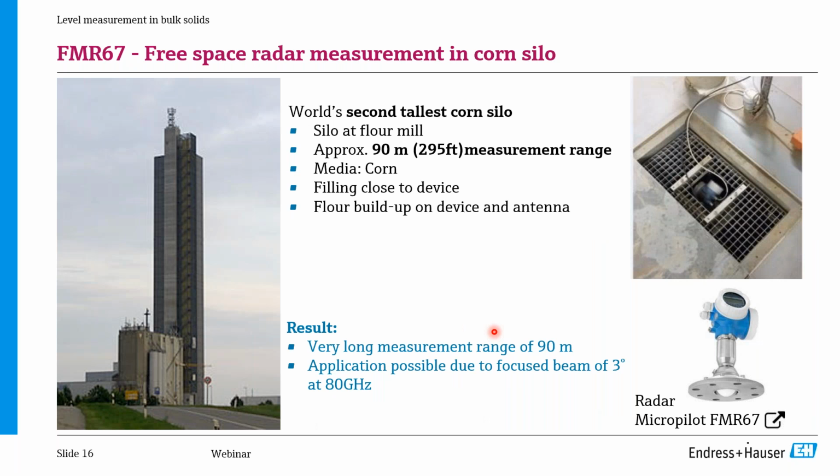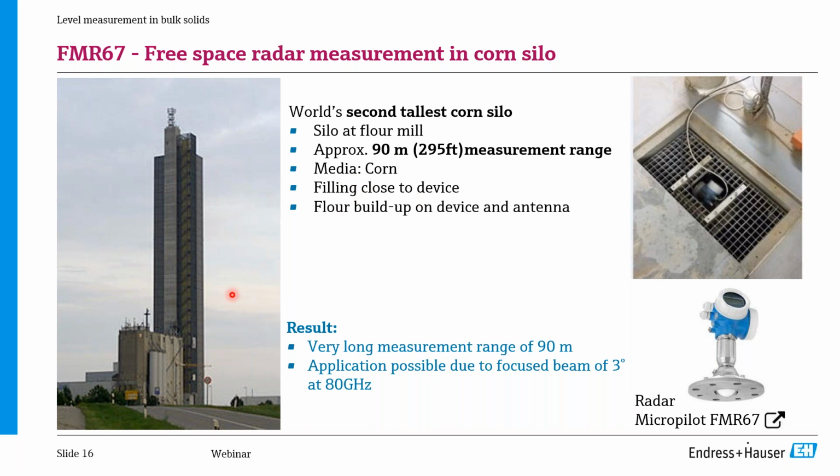And here we have a quite impressive application in the second tallest corn silo in the world. And this is a type of application that could have been very difficult or even impossible to do without the use of an 80 gigahertz radar. And why is that? Because we have a very huge measuring area, something around 90 meters.